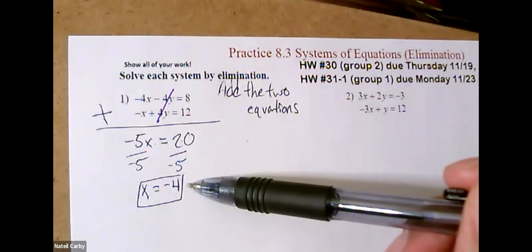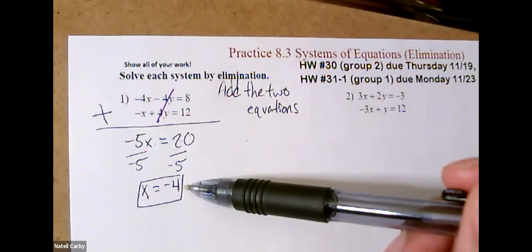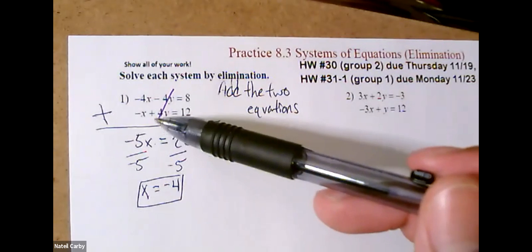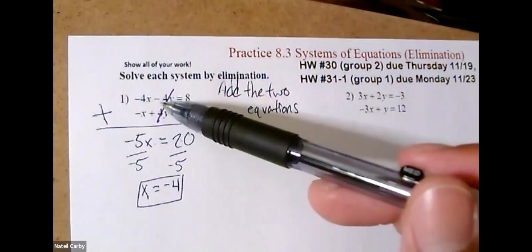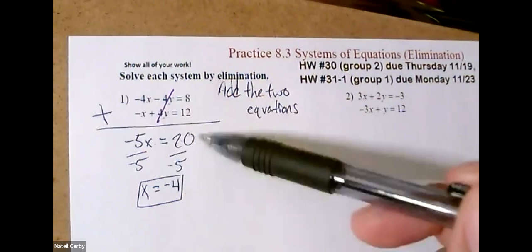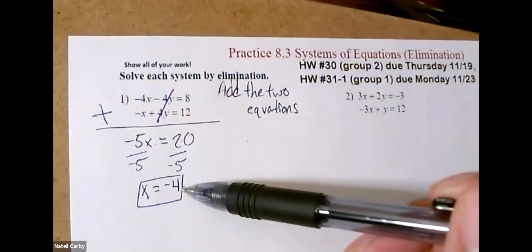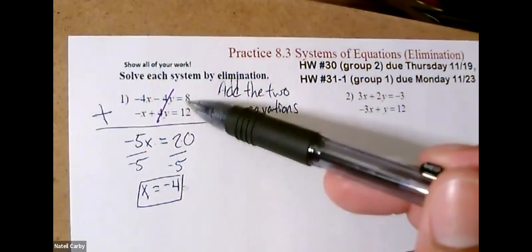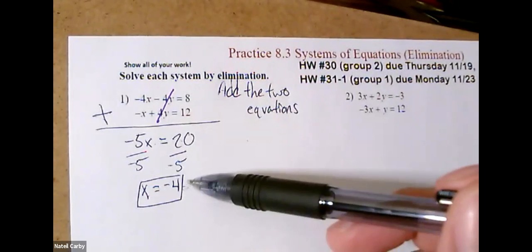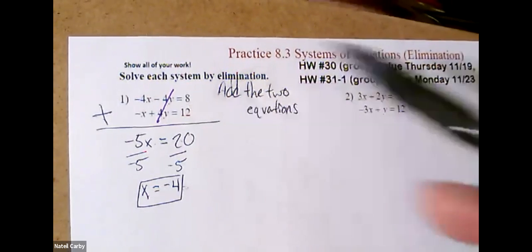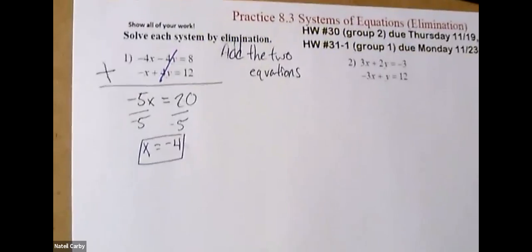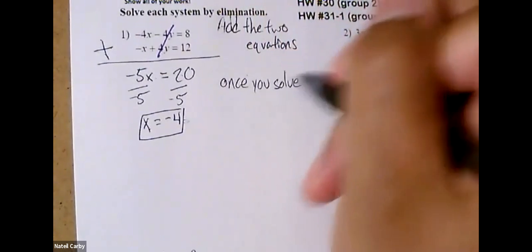Also remember, I don't just want the X for a system. I want my X and Y as an ordered pair. So once you solve for the variable, you plug it into one of the two equations. I always tend to plug it in the first one, but you do whatever works for you.